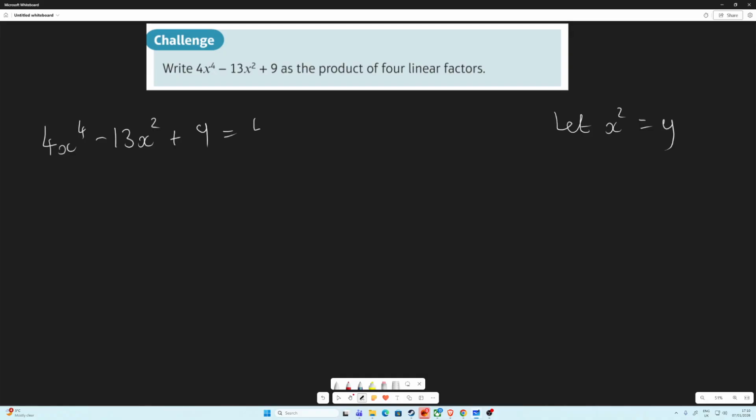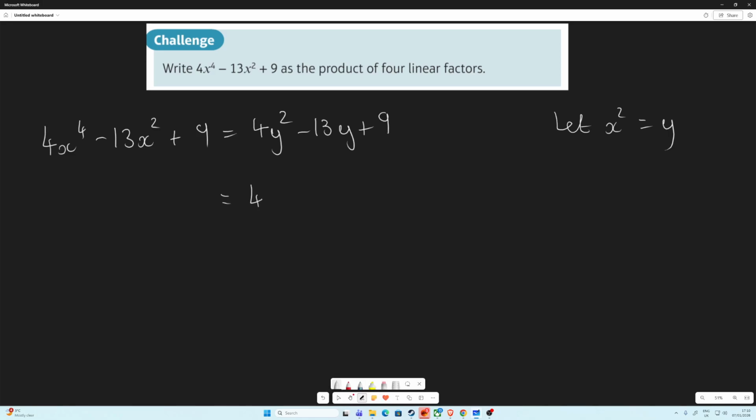So this is now 4y squared minus 13y plus 9. So I'm looking for two numbers that add up to negative 13 and multiply to 36. Okay, and that will be minus 9 and minus 4.